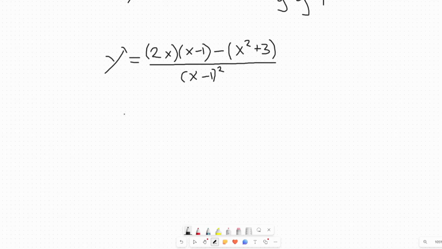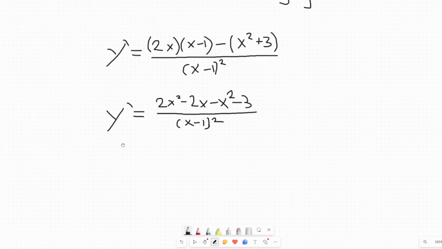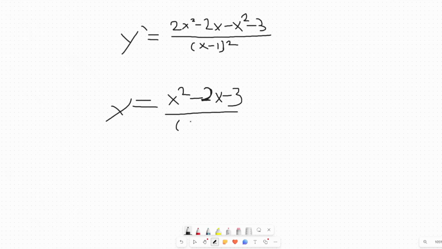But if you want to simplify it, you pretty much just expand. So now you have 2x squared minus 2x minus x squared minus 3, over x minus 1 squared. And that just becomes, 2x squared minus x squared is x squared, minus 2x minus 3, over x minus 1 squared.